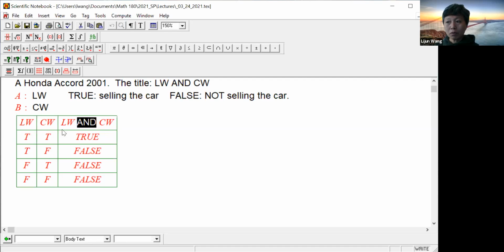And means both must be true to make it true. Is that pretty common sense? False and true is false. We'll come back to our statement. False and false is false. Got it?